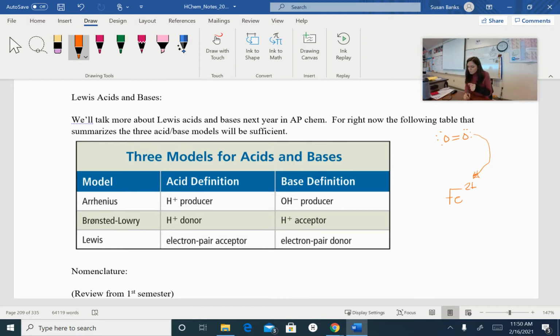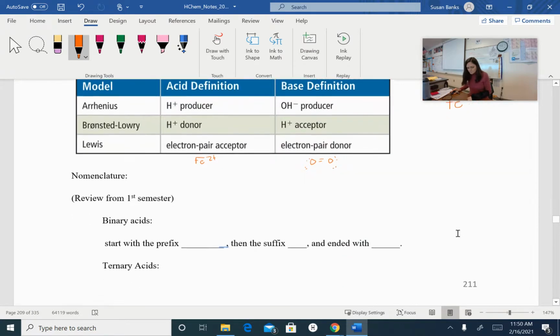In this example, the electron pair acceptor would be our iron +2, and the electron pair donor would be our oxygen. So that is a classic Lewis acid and base pair.